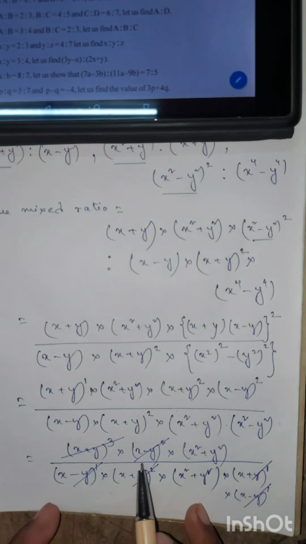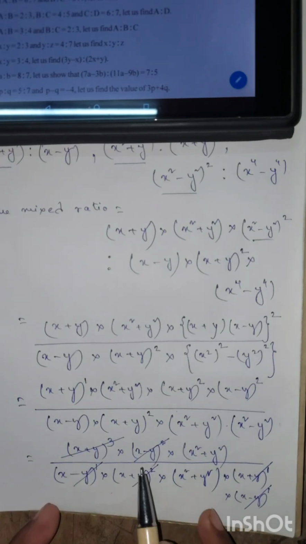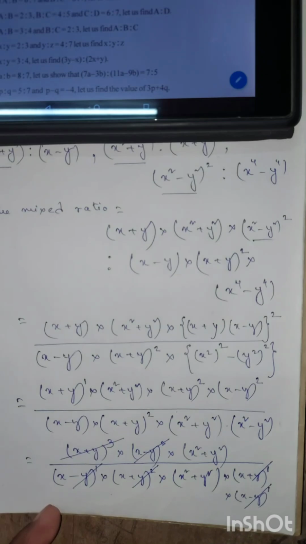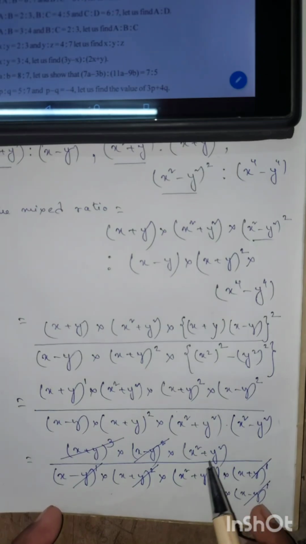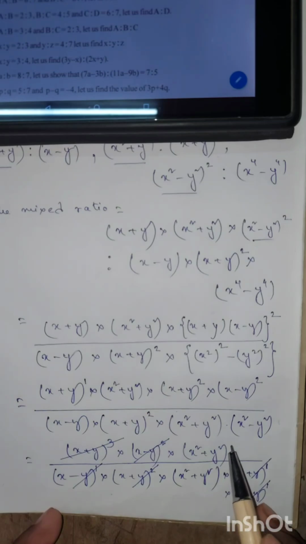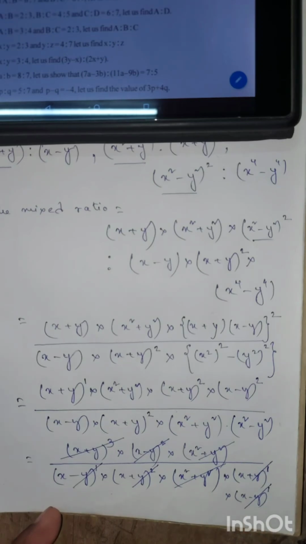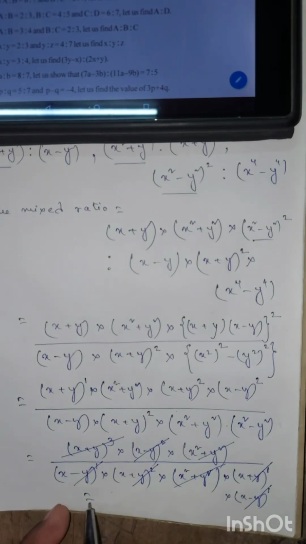To x minus y to the power 2 in the numerator. So x square plus y square in the numerator can be cancelled with x square plus y square in the denominator. So it becomes 1. 1 is to 1.